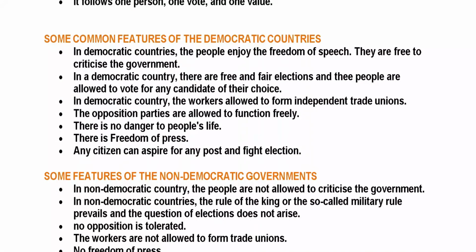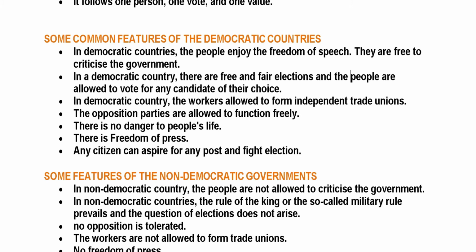Next heading, some common features of the democratic countries. First point, in democratic countries, the people enjoy the freedom of speech. They are free to criticize the government. Next point, in a democratic country, there are free and fair elections and the people are allowed to vote for any candidate of their choice.